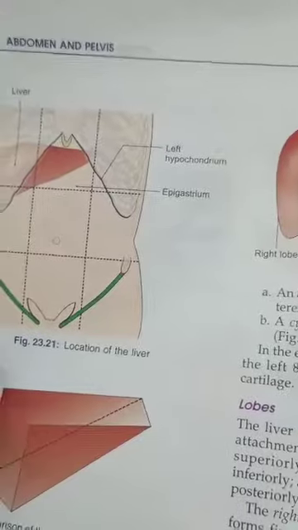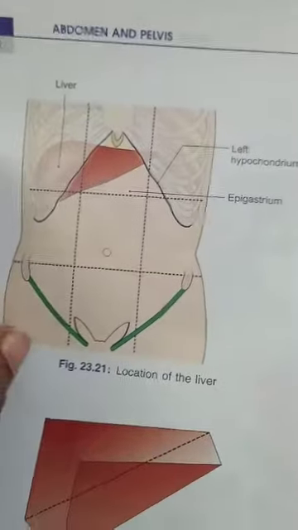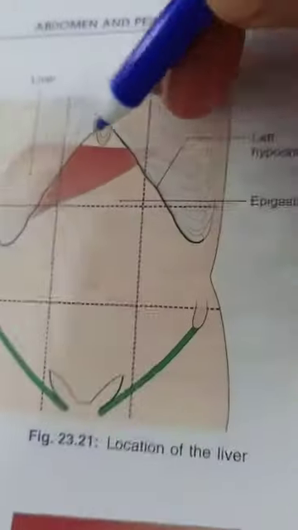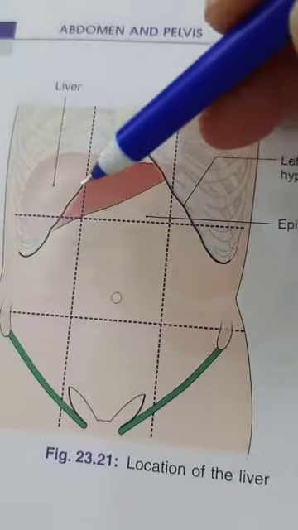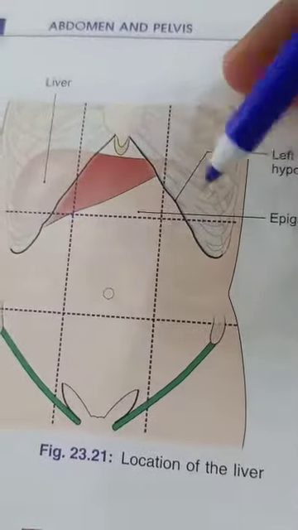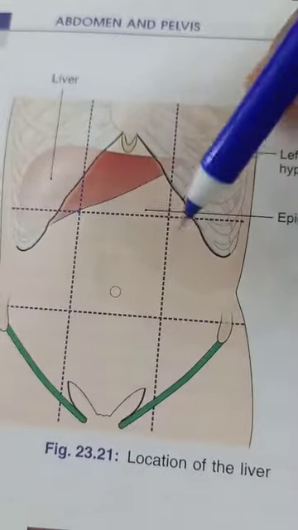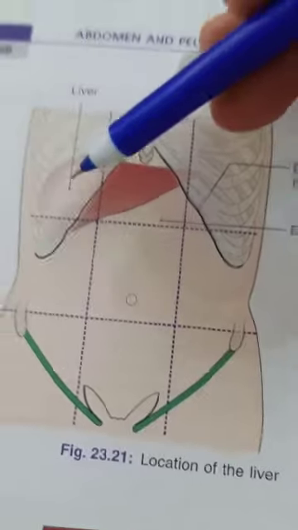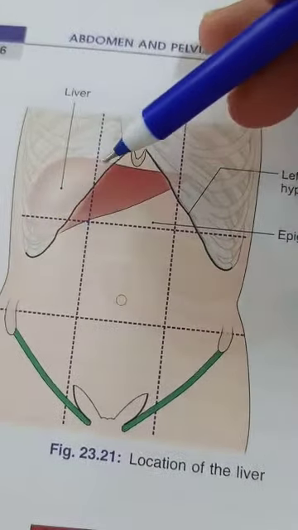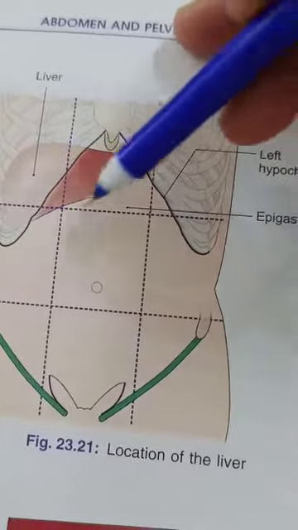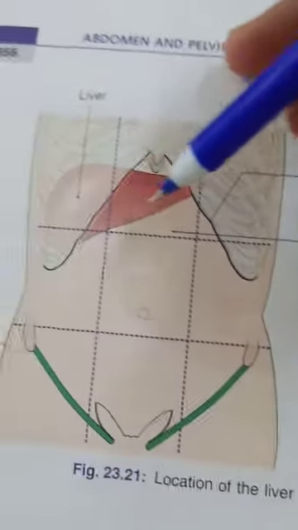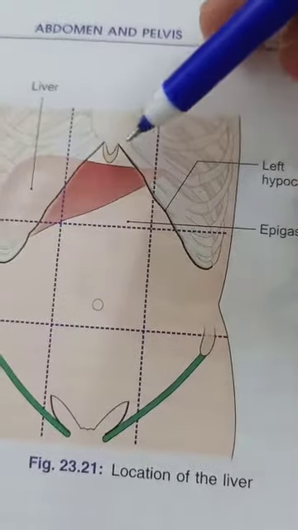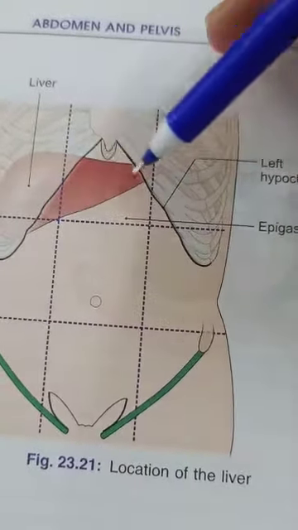In the relations of the liver, the anterior surface is related on either side to the rib cage, ribs and costal cartilages, and in the central part to the anterior abdominal wall.